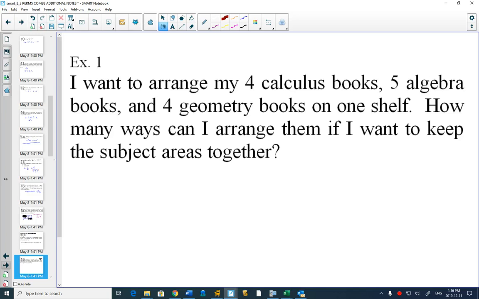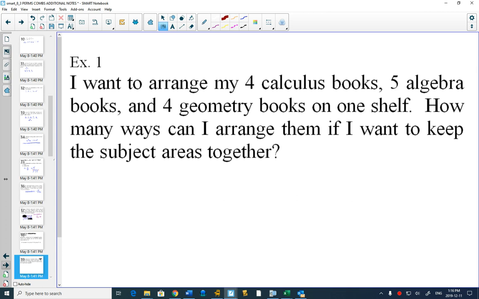So the first thing that you're going to find with grouping questions is sometimes people will get grouping questions and identical objects questions mixed up. You have to ask yourself, are they identical, the 4 calculus books, or would they be 4 different calculus books?